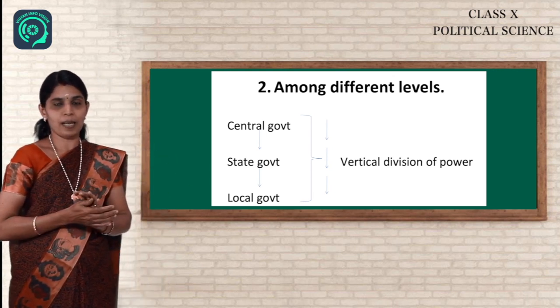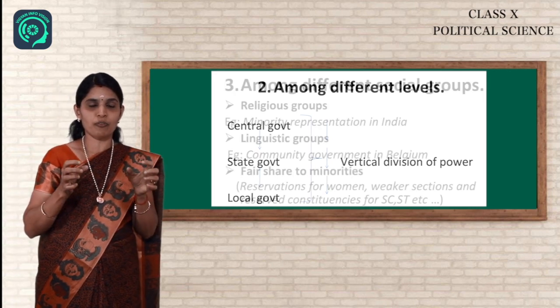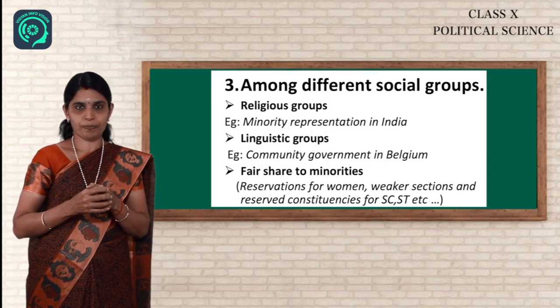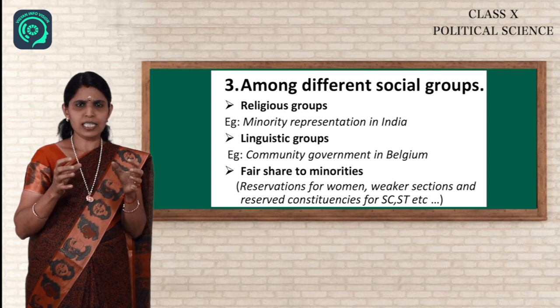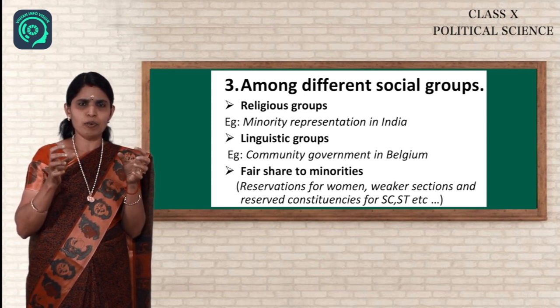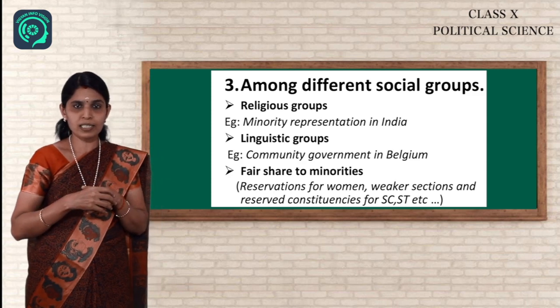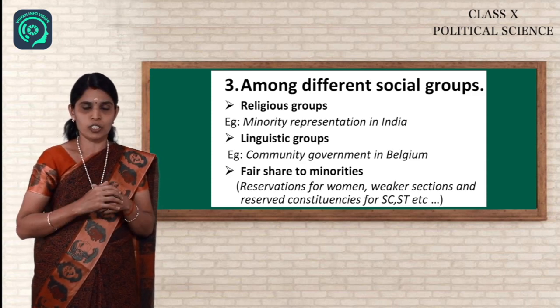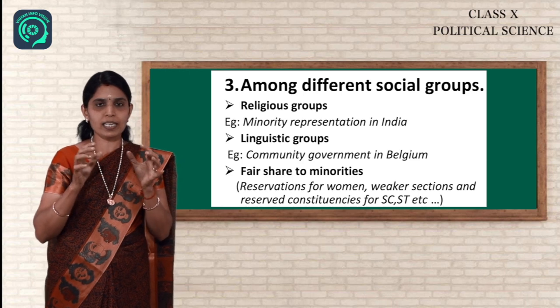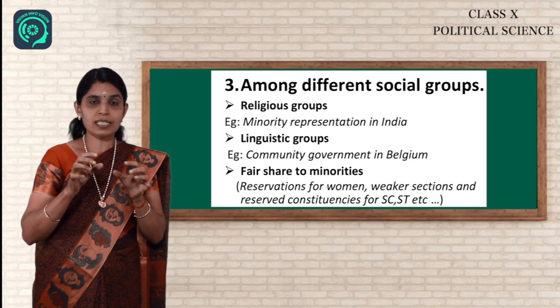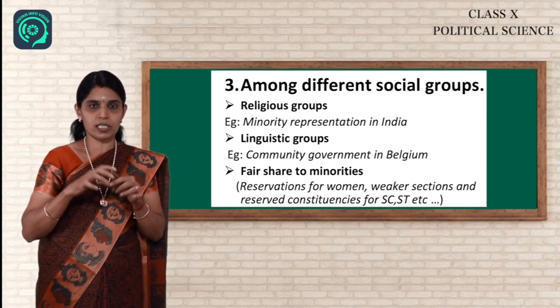Third method is the power sharing among different social groups. In this chapter, we discussed the social groups in 2 countries. Our third point is related with that. Power sharing among different social groups such as religious or linguistic groups.